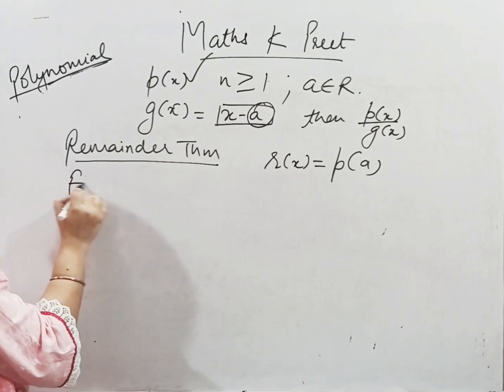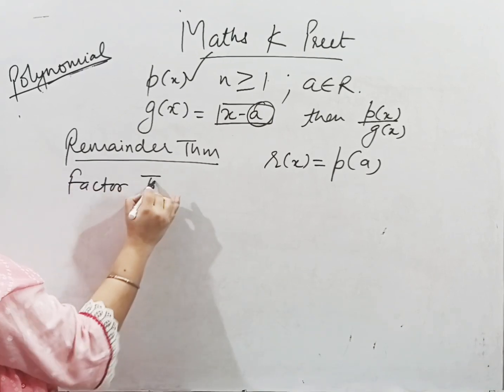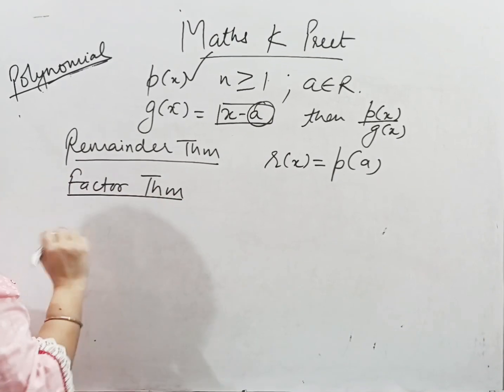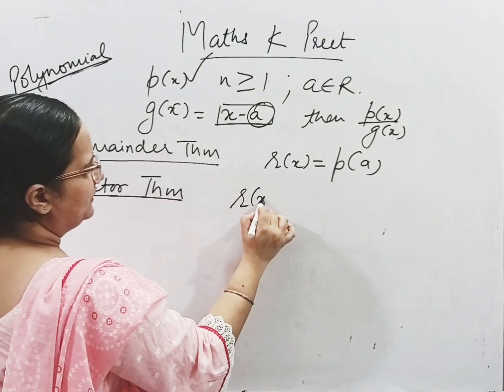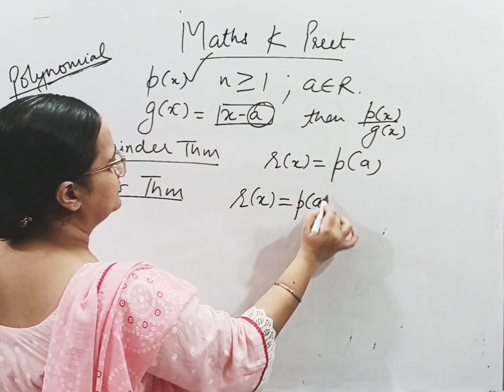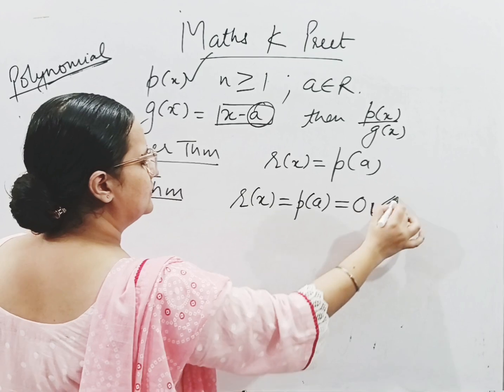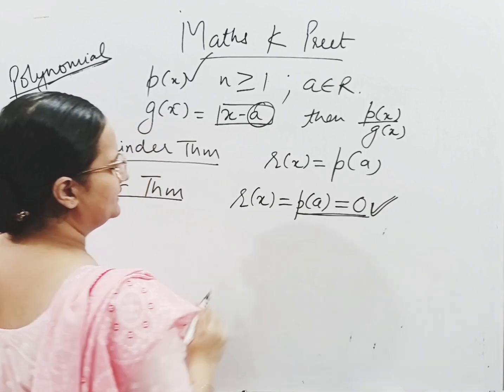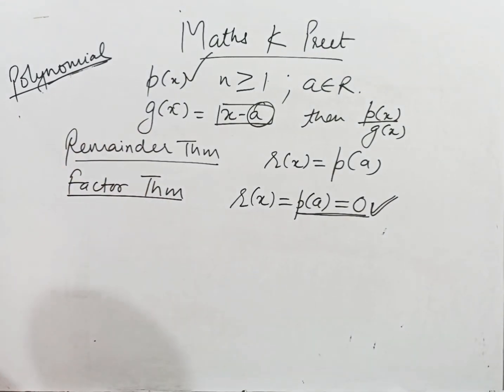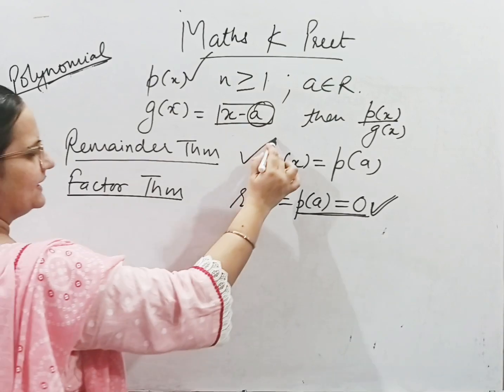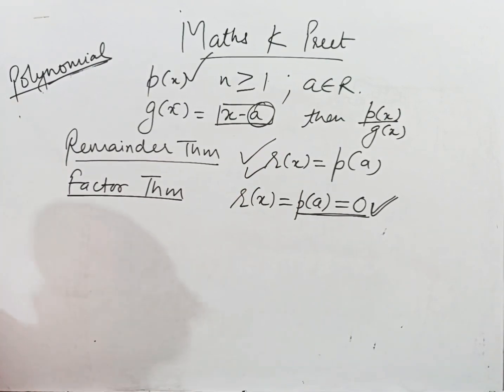The remainder can take any value from the reals. The factor theorem was the particular case when this remainder is equal to 0. Here the remainder can take any value, and we can just find its value.